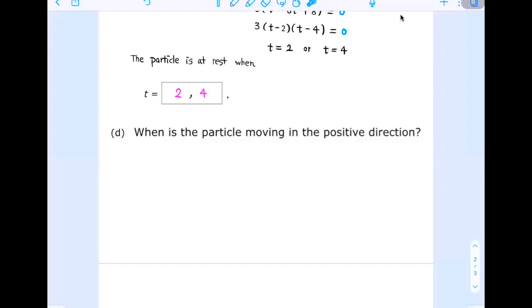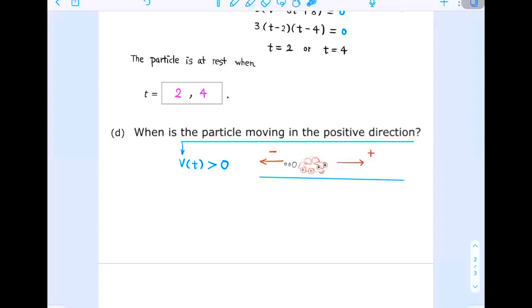When is the particle moving in the positive direction? If we define the positive direction to be to the right, then moving to the left will be the negative direction. When the particle is moving in the positive direction, the velocity will be positive.